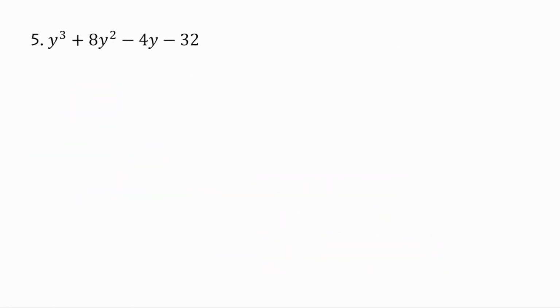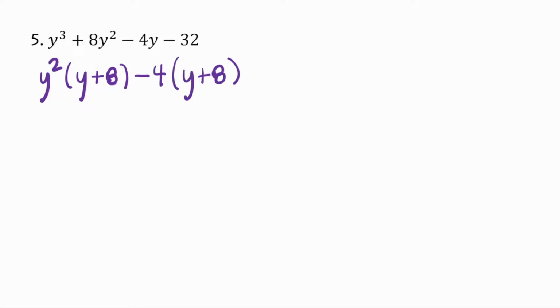Alright. You see 4 terms, you should be thinking group and factor. So first check for a greatest common factor. I'm not seeing anything common to all 4 of these, so I'm going to think about the first 2. Y to the 3 and positive 8y to the 2. I see 2 powers of y. And negative 4y and a negative 32, they both are negative. And 32 is divisible by 4, so I can factor out a negative 4.